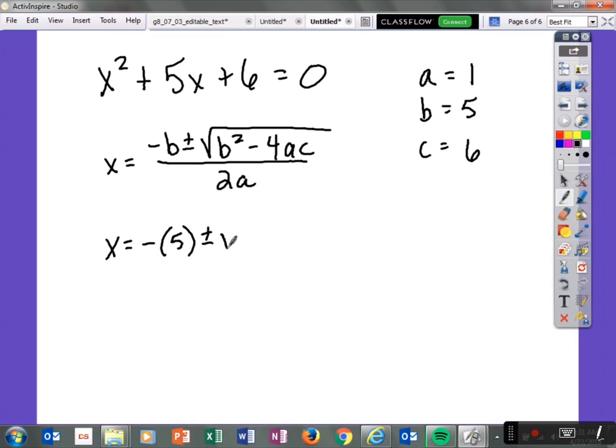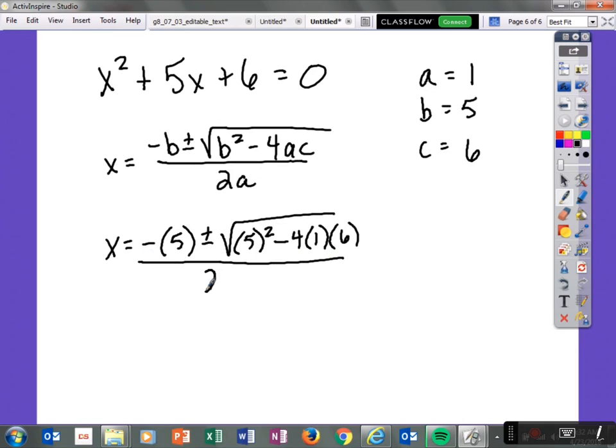Plus or minus square root, there's a B, so I'm gonna put parentheses, 5 squared minus 4 parentheses, what's A? 1, close parentheses, C, open parentheses 6, close parentheses, all over 2 parentheses 1. Now that you've gotten this part written down, you can type that into the calculator to get your 2 answers.